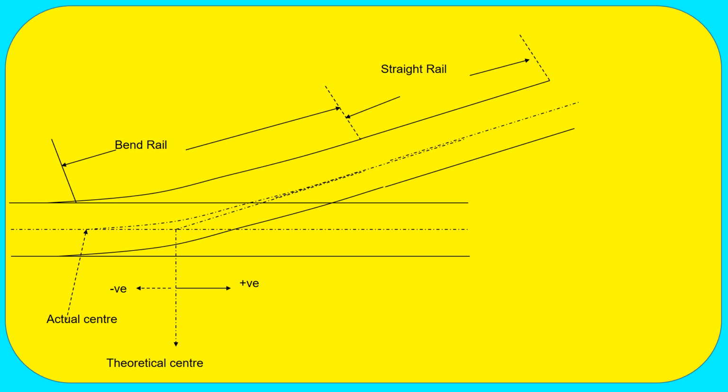That is the main adjustment. If your adjustment is accurate, then it should not touch the turnout OHE. So now we will see what the system is.